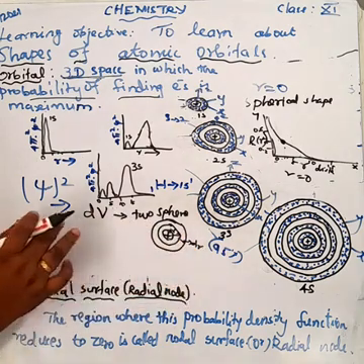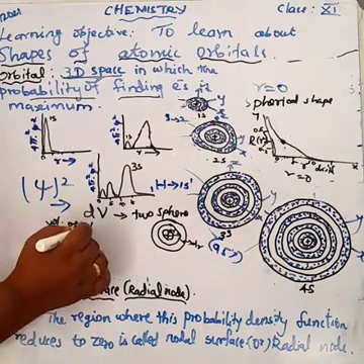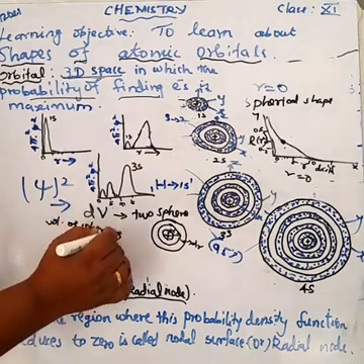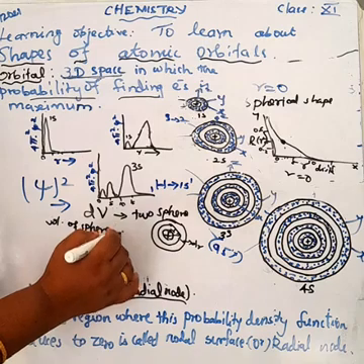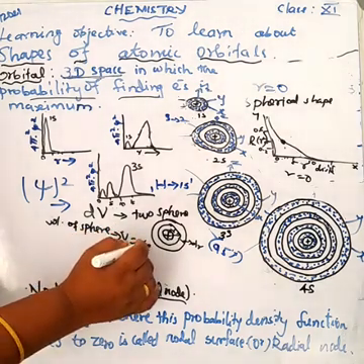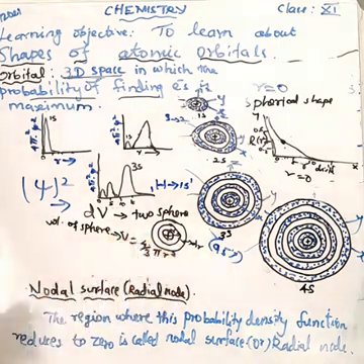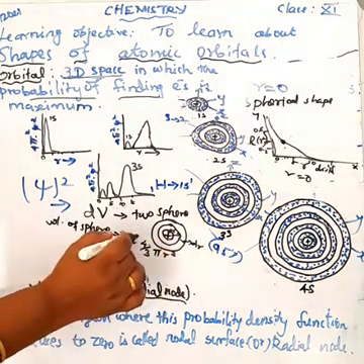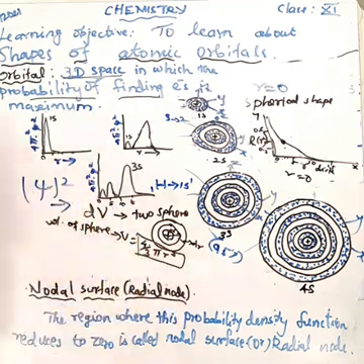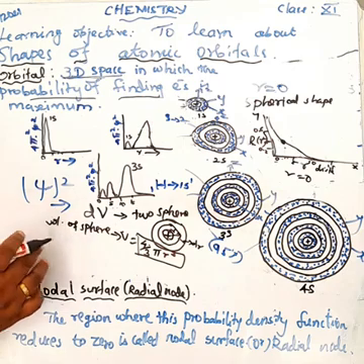You know the formula for the volume of a sphere: V is equal to 4 by 3 pi r cube. In this volume, we can now discuss the maximum probability of electrons.